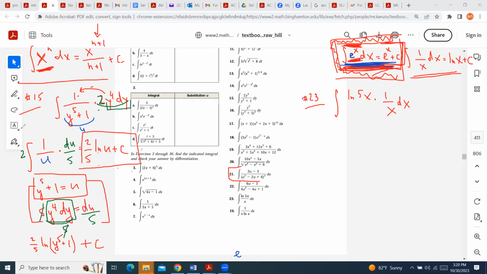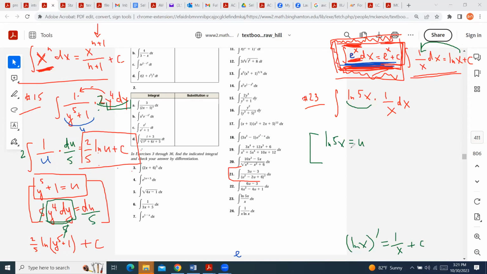So it turns out whenever you have a natural logarithm, you always want to replace it. So ln of 5x, I'm going to replace with a variable letter u. And then I take its derivative. Remember, what is the derivative of ln x? It's 1 over x. In fact, you could check it here. The derivative of that is 1 over x.